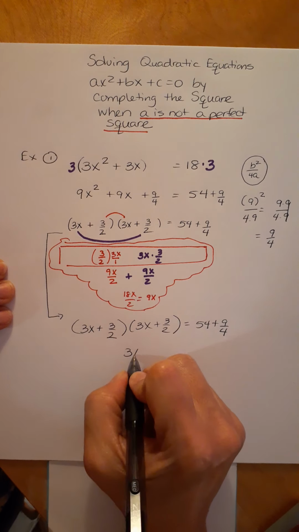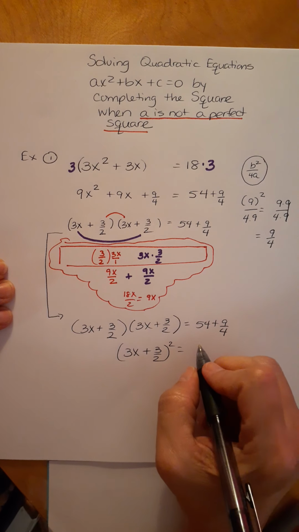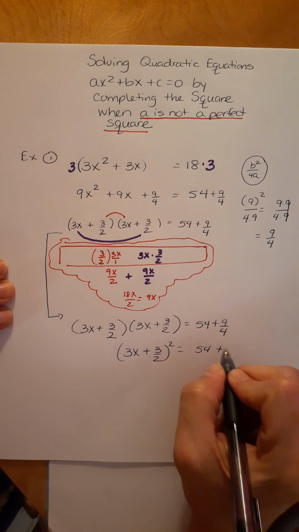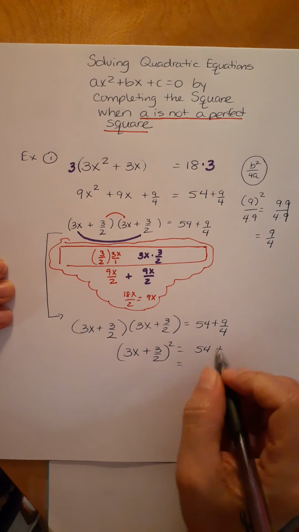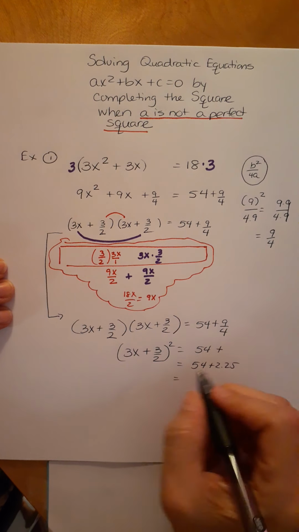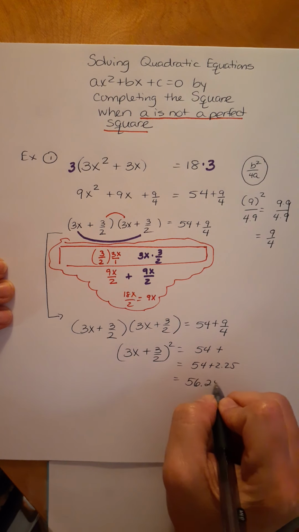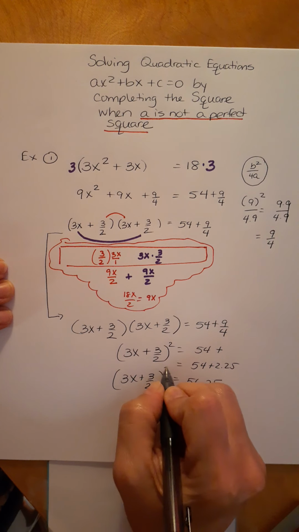Okay, what's 9 divided by 4? Let's see, because we've got a lot of fractions going on here. 9 divided by 4 is 2.25. 54 plus 2.25 is 56.25.